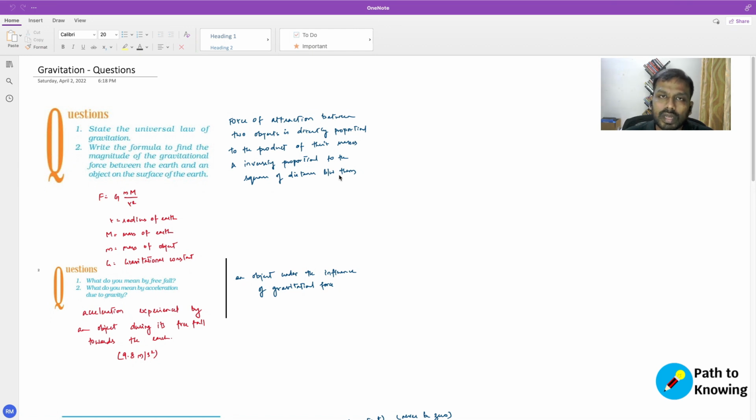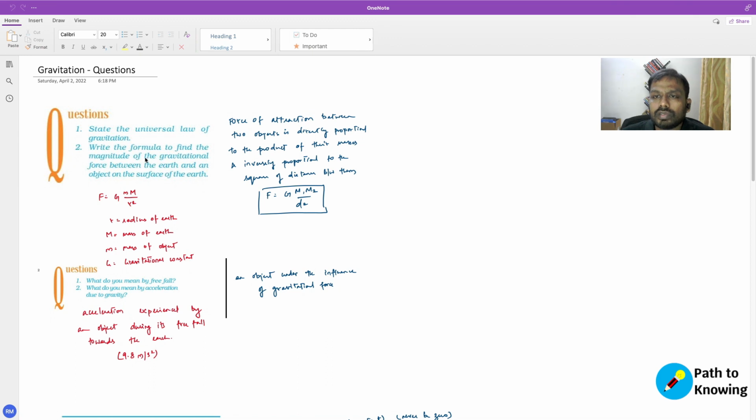If you bring in the gravitational constant, it becomes F equals G times m1 m2 over d squared. That's the universal law of gravitation.